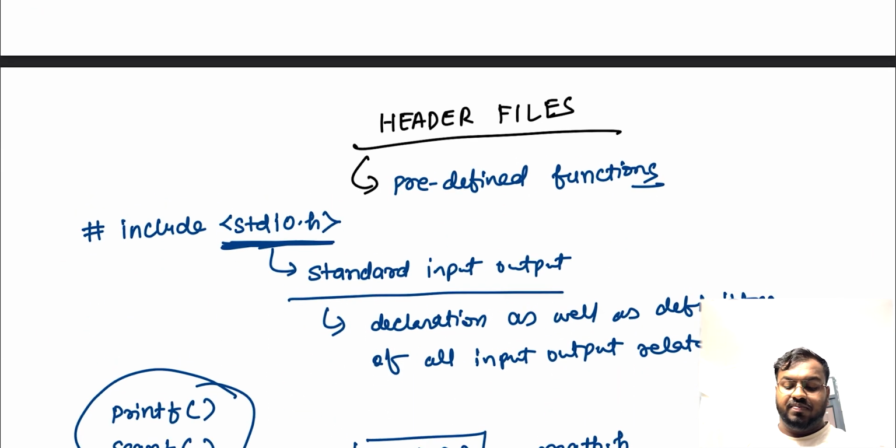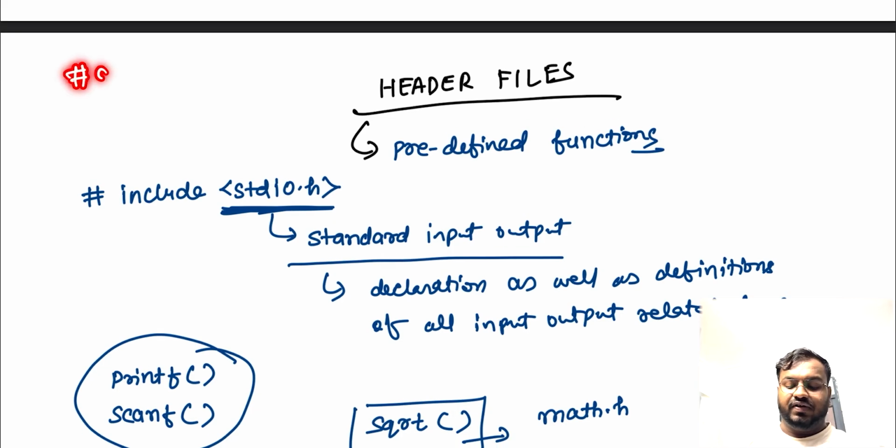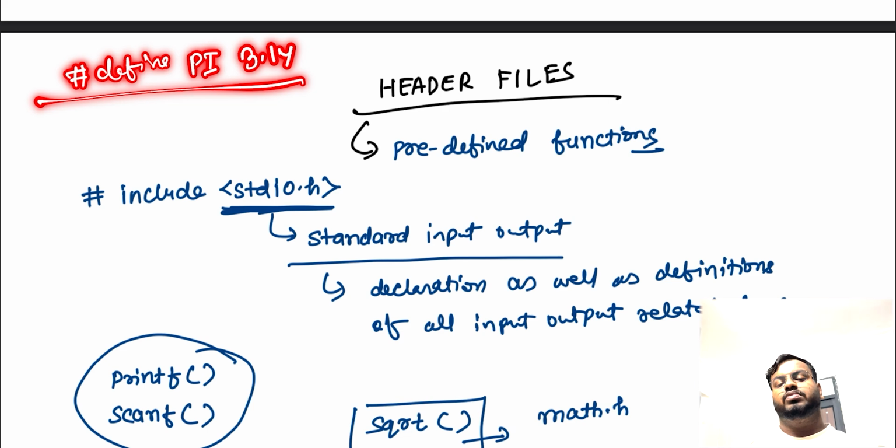In the same way, #define is used for declaring constants. So wherever in your program you use pi, or whatever you are defining as a constant, that will be replaced by this particular value.